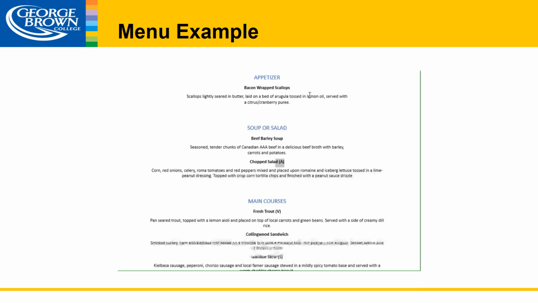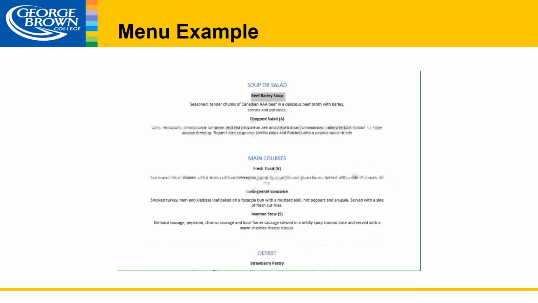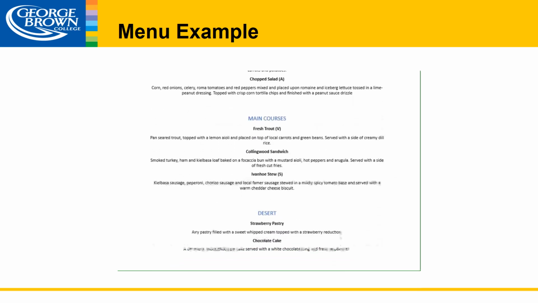For instance, beef barley soup. I tried to justify having beef barley soup at a business lunch, and I couldn't necessarily. So maybe there was a better soup I could have chosen. The desserts, the strawberry pastry and the chocolate cake.